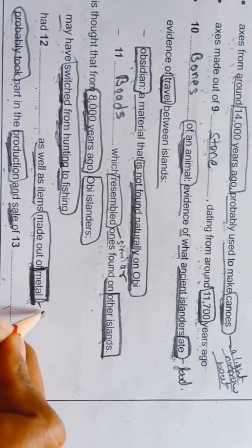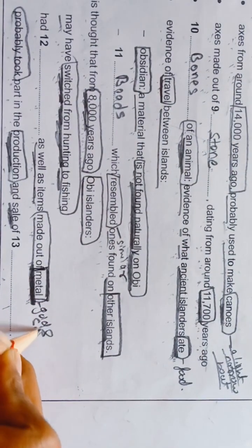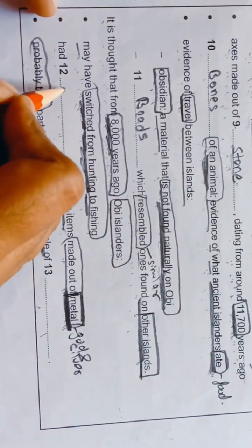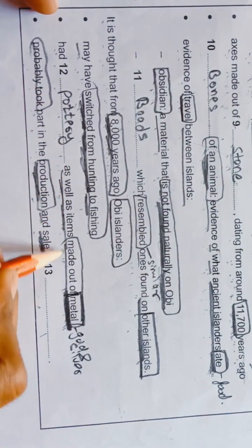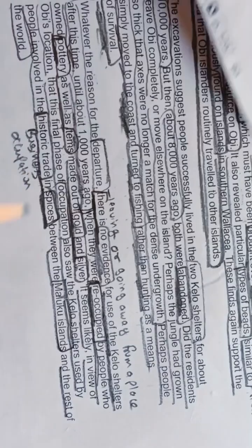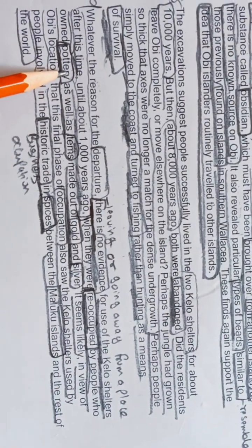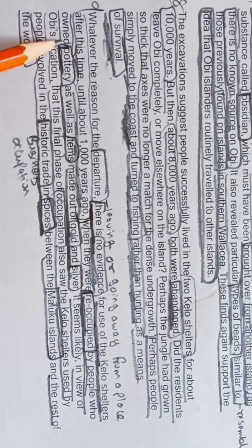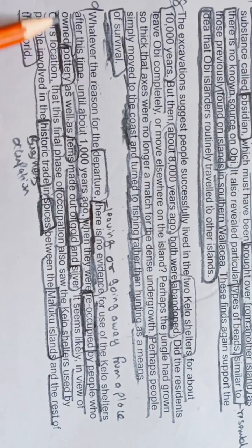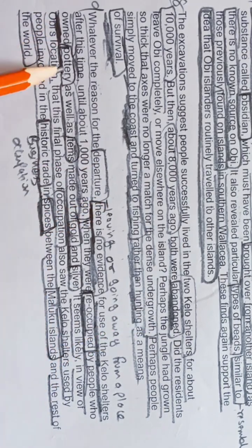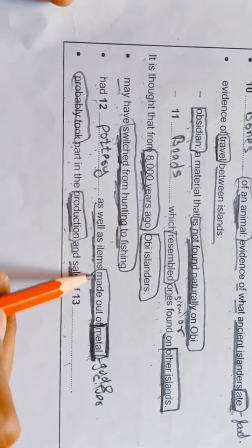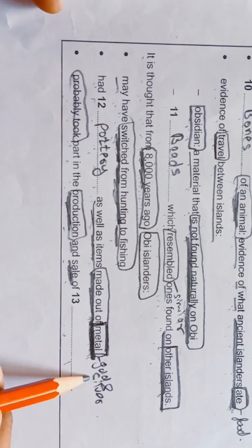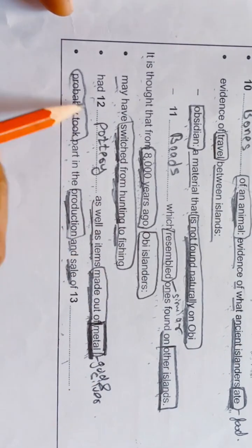They are talking about gold and silver, and had pottery. Owned or had pottery, same thing: owned pottery as well as items made out of gold and silver. Gold and silver is the metal. Had pottery as well as items made out of metal, gold and silver. I hope you understood this.